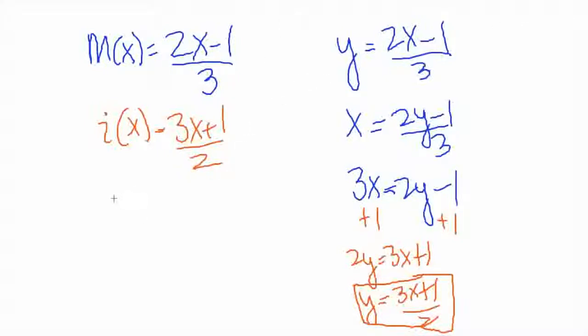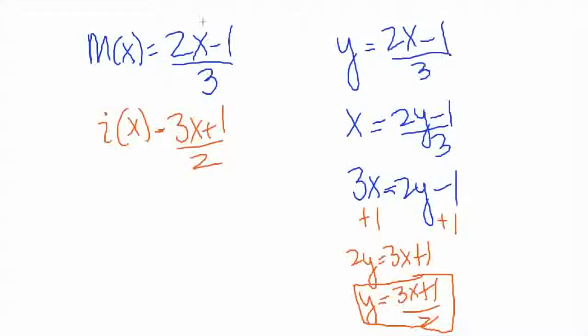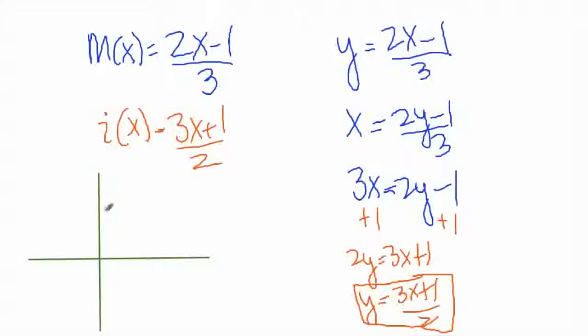It'll turn out that if you graph a function and its inverse, I'm trying to explain what I just said in a different way. Let's say you had this purple line.